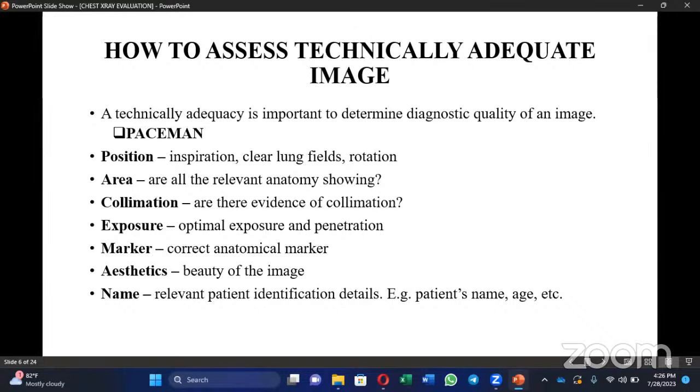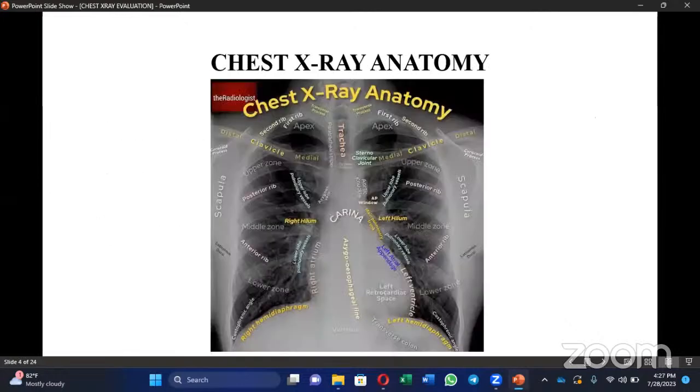Then you look out for rotation, still on the position. It is very important to assess whether there is rotation in the chest X-ray image or not. And how do we assess the rotation? Rotation is assessed by measuring the distance from the spinous process to the medial aspect of the clavicle. All right, so this one is the spinous process.